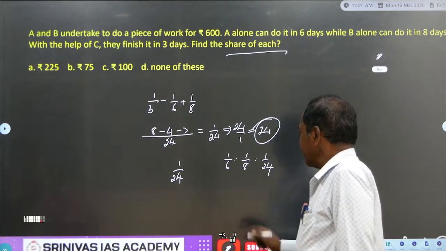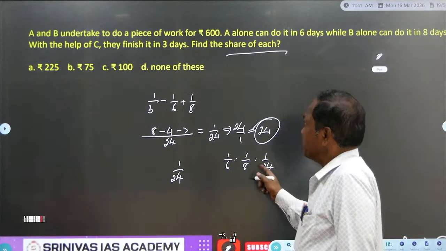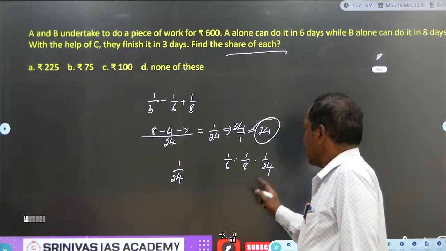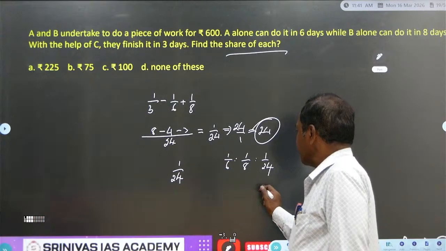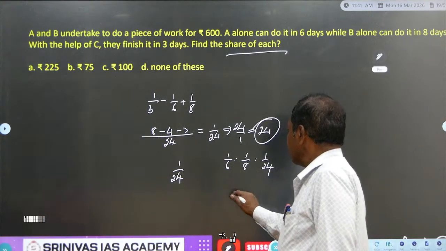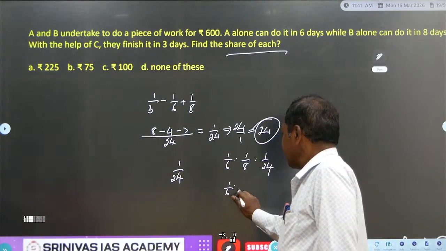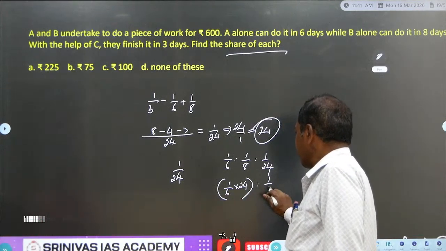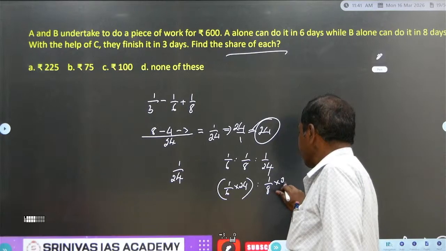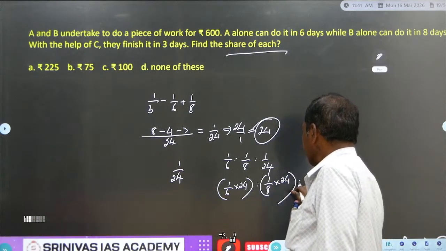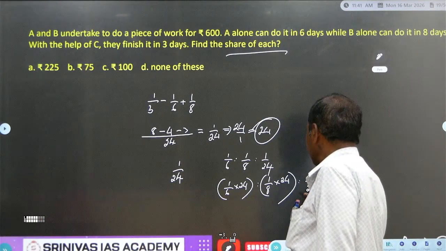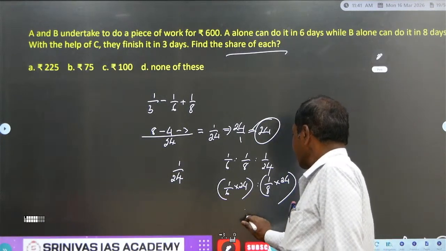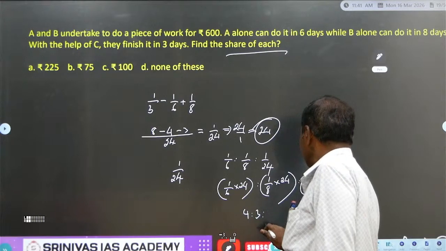Just see the ratios now. If C alone can finish the work in 24 days, 24 means what happens now? 1 by 6 into 24, 1 by 8 into 24, 1 by 24 into 24. 4 is to 3 is to 1.